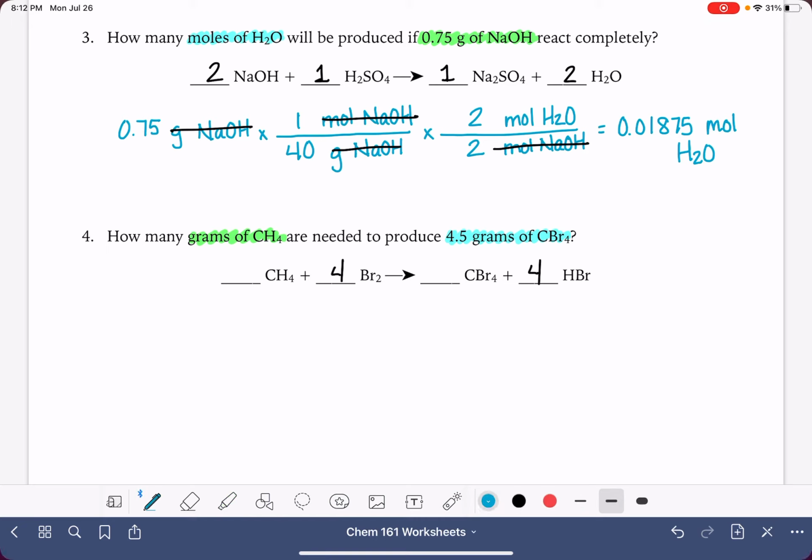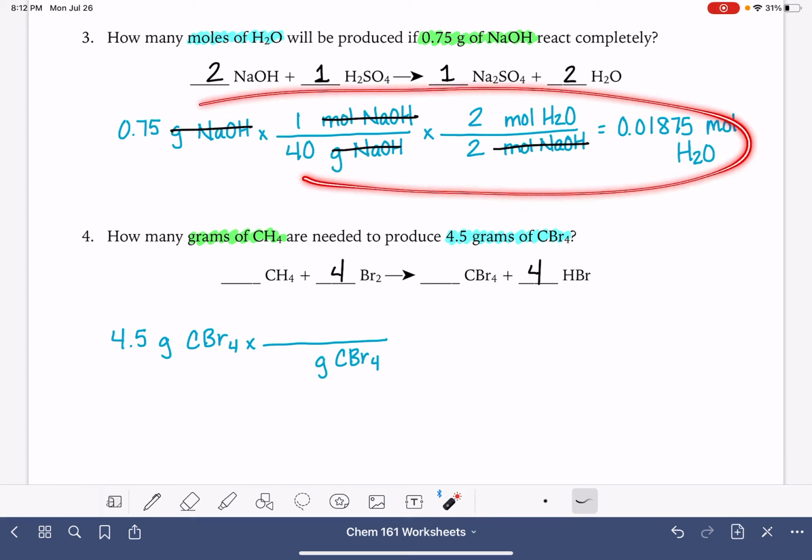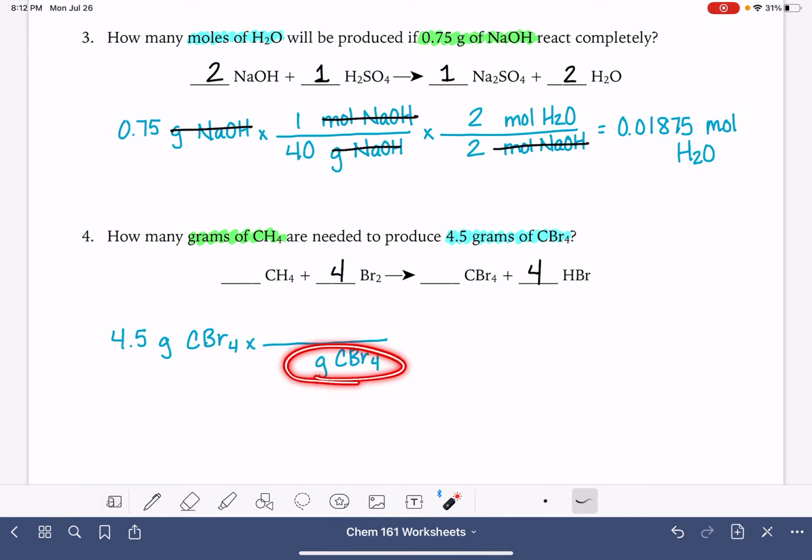We're going to start by writing the number and the unit that has been given to us in the problem, 4.5 grams of CBr4. We need to multiply that by a conversion factor, put that unwanted unit, grams of CBr4, that unwanted unit goes down on the bottom. Remember, in this problem up here, I told you, when you're trying to get rid of grams of anything, it doesn't matter what it is, the only thing you can do is convert into moles of that exact same molecule.